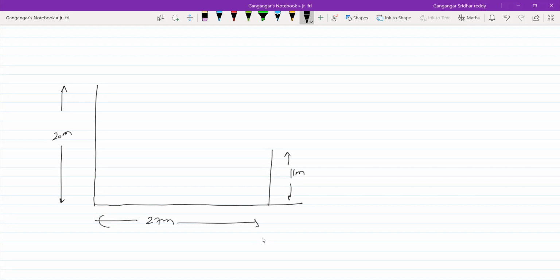This is 11 meter. So do one thing, take help of this. What is the remaining distance? This will be 20 minus 11, 9 meter. This is A. This will make an angle alpha. And this distance is 27 meter.